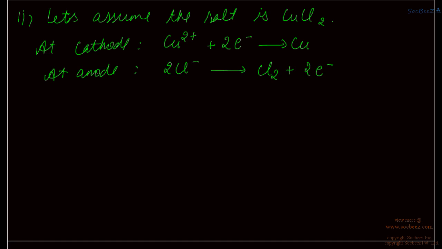Now the reaction occurring at anode is oxidation of chloride in preference to OH negative, since the standard oxidation potential of Cl negative is greater than OH negative.